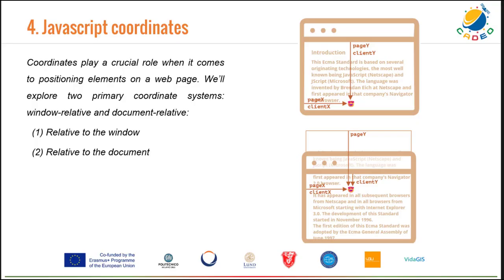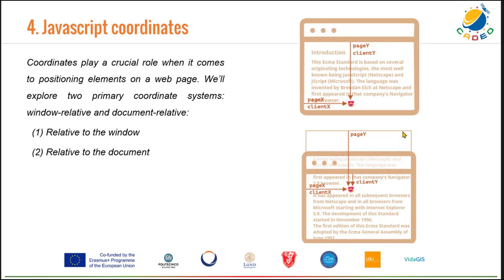When the page is scrolled to the very beginning, so that the top left corner of the window is exactly the document's top left corner, these coordinates are equal to each other. But after the document shifts, window relative coordinates of elements change as elements move across the window, while document relative coordinates remain the same.